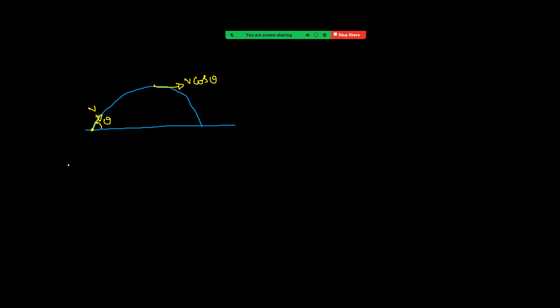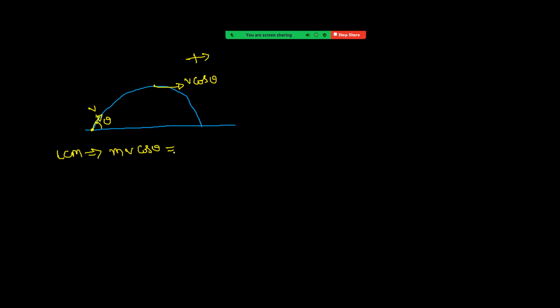Write the equation, that is the law of conservation of momentum. Just before explosion, taking right as the positive x-axis, it is m into v cos theta. So this was the momentum before explosion.